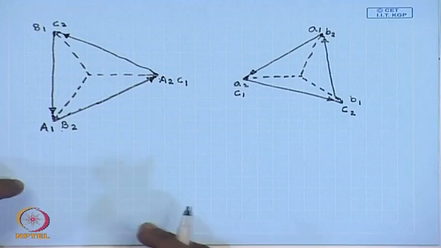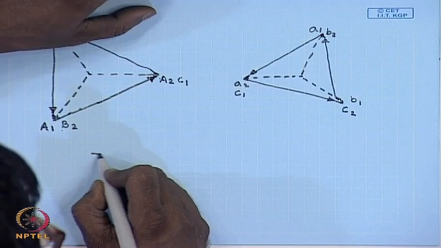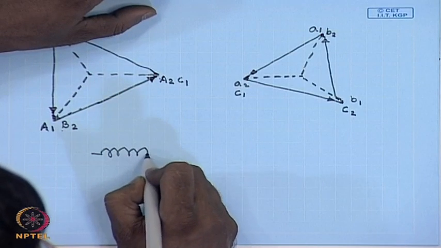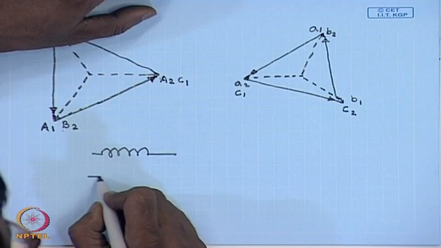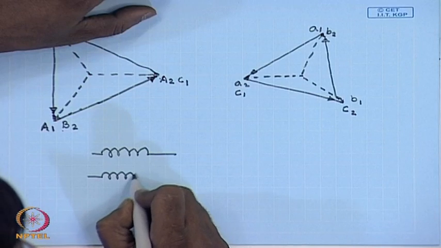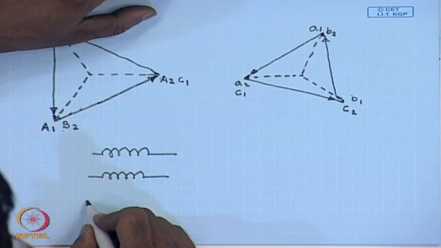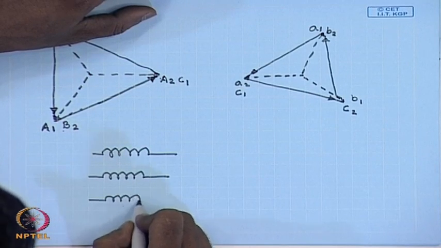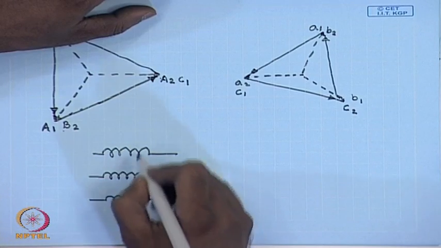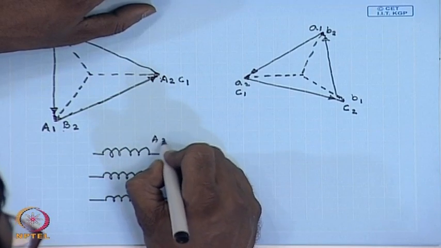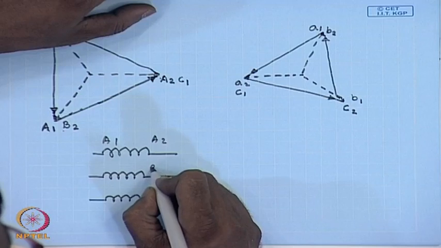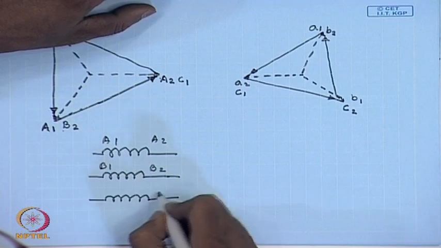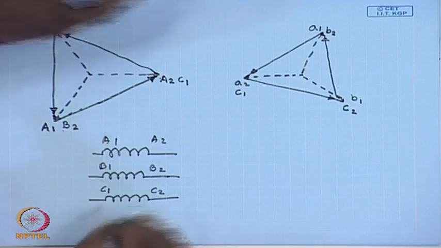Therefore, if we see the winding connections, like this: A2, A1, B2, B1, C2, C1.